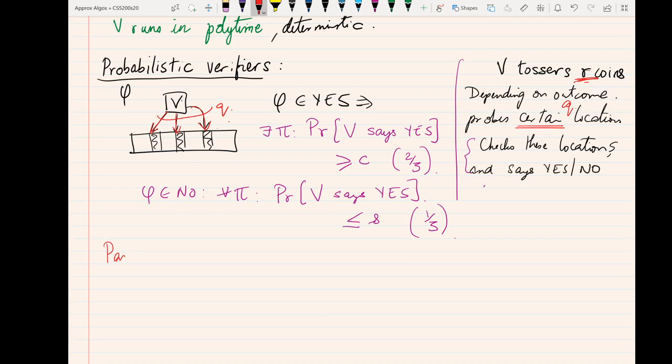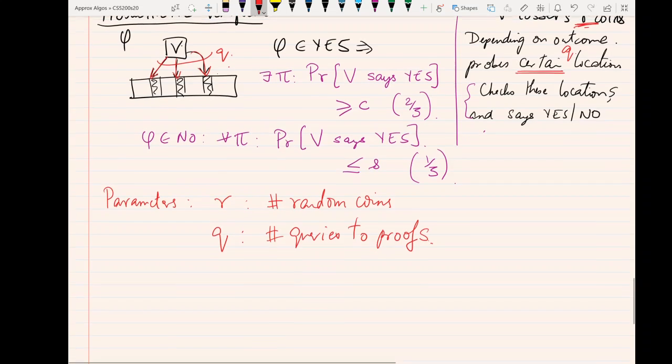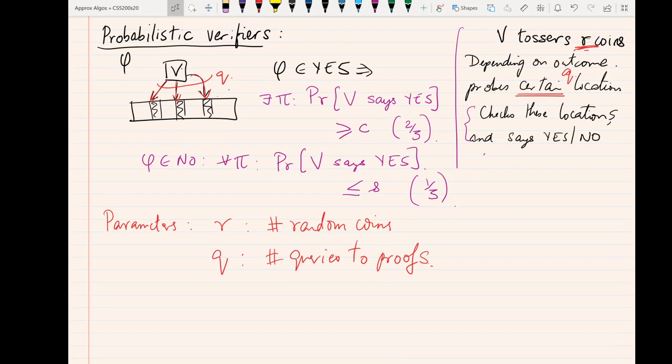So the parameters here are, let me start with R, which is the number of random coins. Q, which is the number of queries to the proof, or how many probes are made based on the outcome of the random coins. What the random coins determine are the exact locations in the proof that are probed.